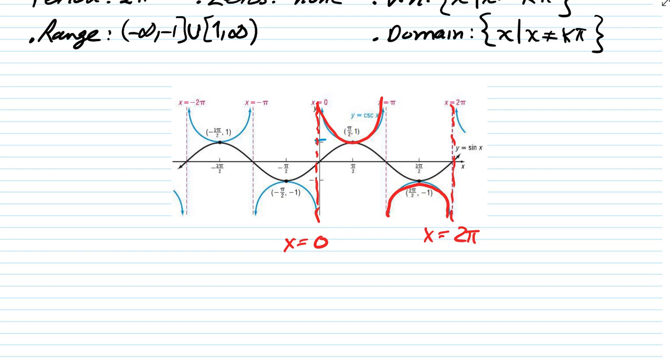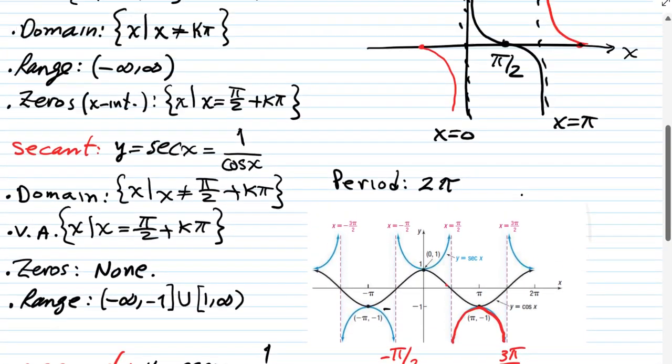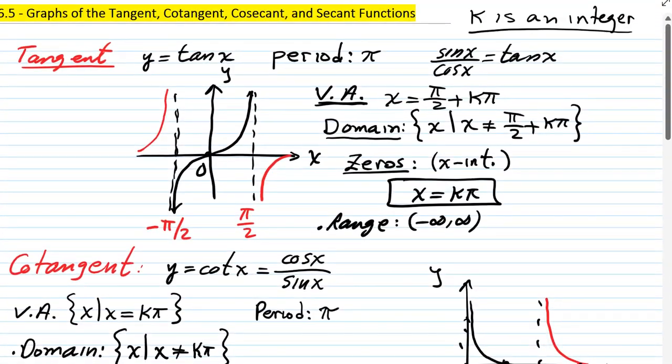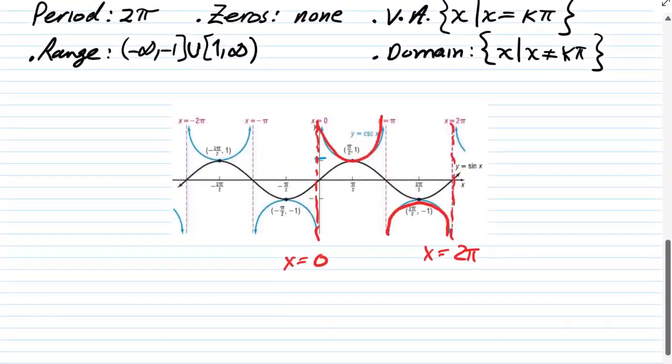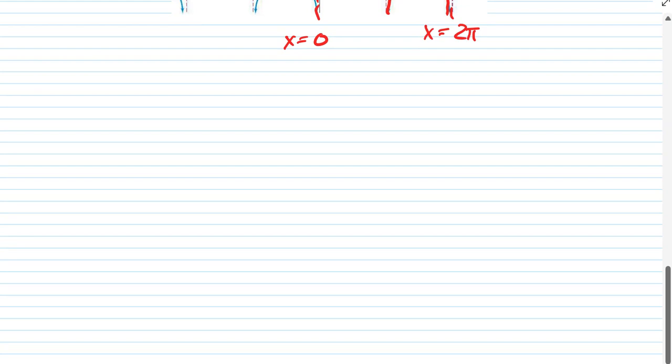And there you've seen now all 4 of the trig functions in this section, with the tangent, cotangent, secant, and cosecant. Now let's take a look at some examples and see how I actually graph these without plotting any points. Let's start with tangent. We did tangent of x.